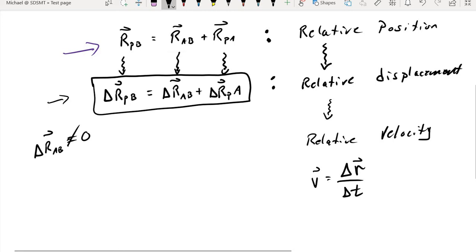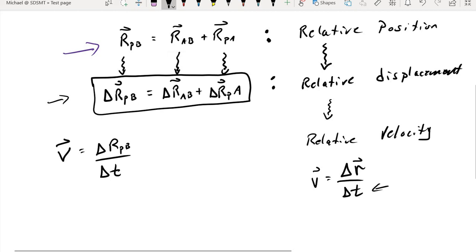Well, this expression that we have right here has already taken care of the change in position that is happening within our system. All we need to do is go through and divide everything by time, and we will automatically get an expression that describes the velocity in the system.